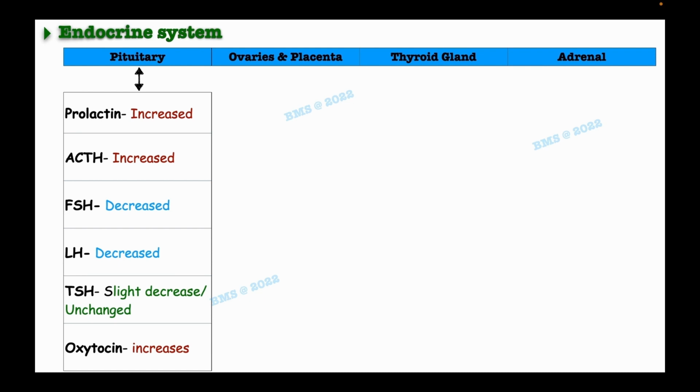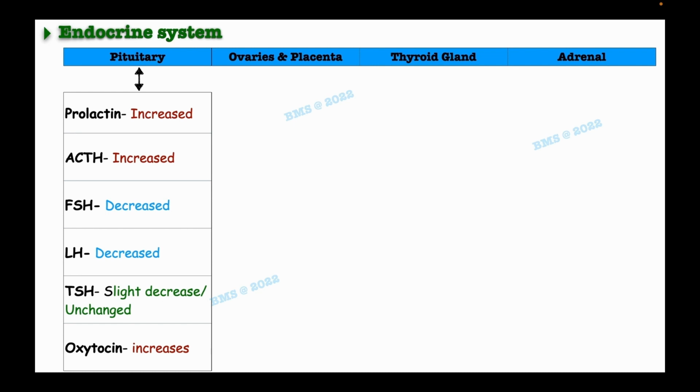Now, the placenta produces the HCG, and this HCG doubles approximately every 48 hours during early pregnancy, and it reaches its peak by the 10th to the 12th week of gestation and begins to decline to a steady state after the 15th week of gestation. Now, this HCG is the one which acts to maintain the corpus luteum in early pregnancy.